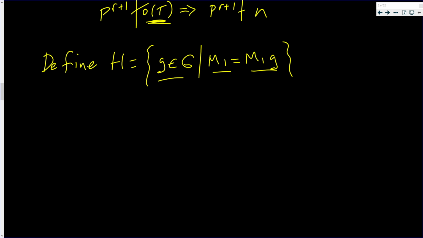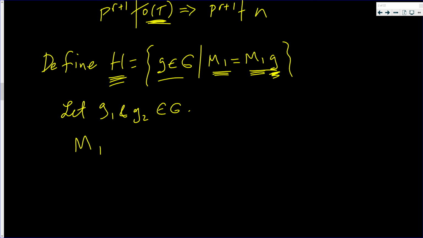So now, let G1 and G2 be in H. So what we want to show is that G1, G2 are in H. Well, the entry fee to get into H is M1 is equal to M1 times the element in H. So we have that M1 is equal to M1 times G1.